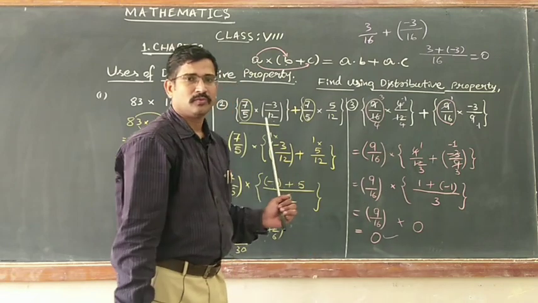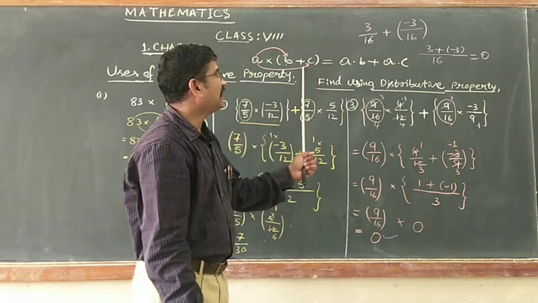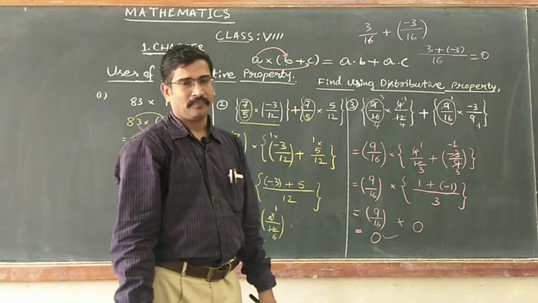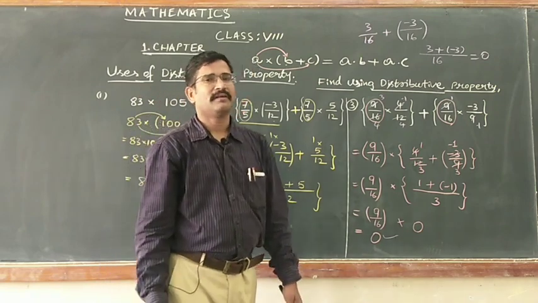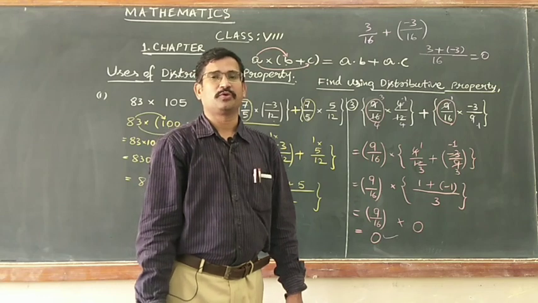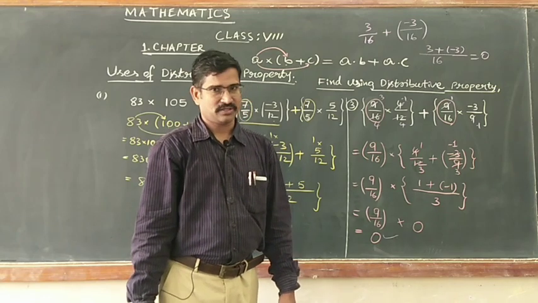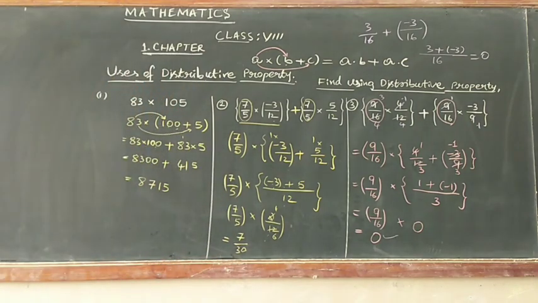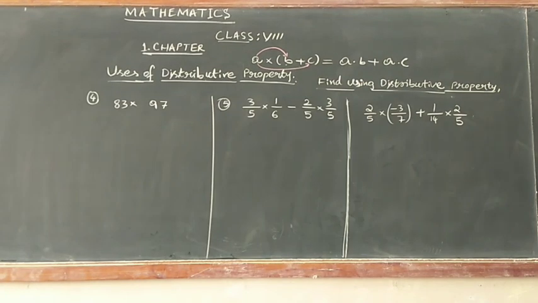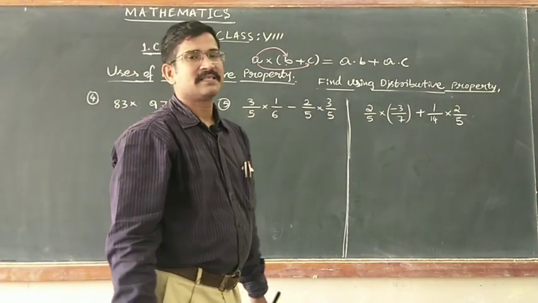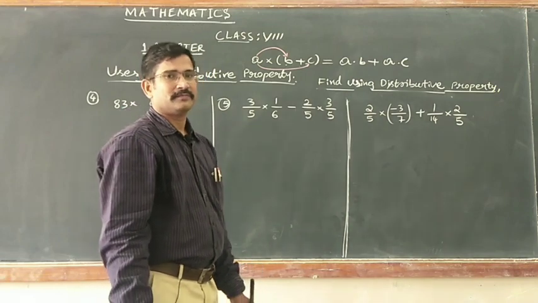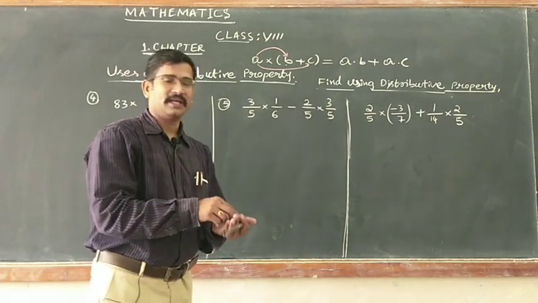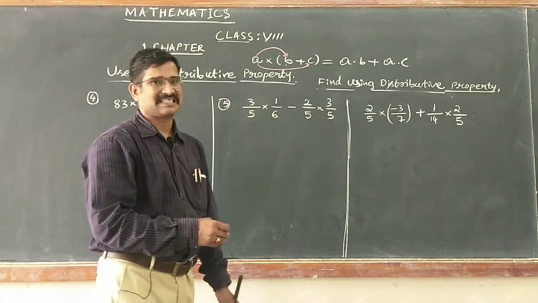I have shown you the distributive property of multiplication over addition, taking some examples. You can take one or two examples, and even the use of the distributive property of multiplication over subtraction. We shall see one example. Now, children, we will see the uses of the distributive property of multiplication over subtraction.